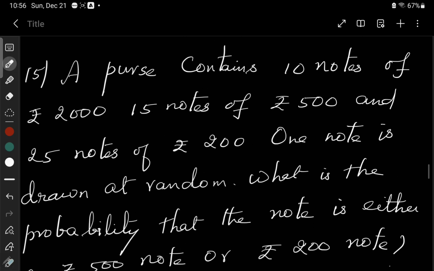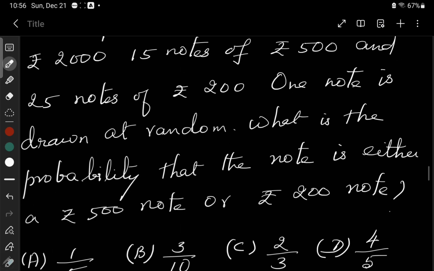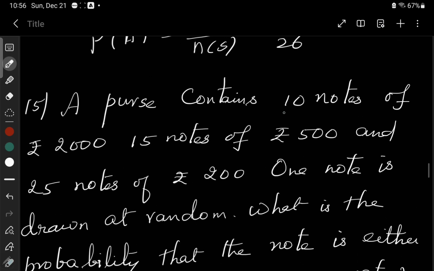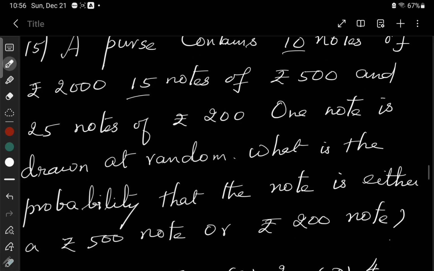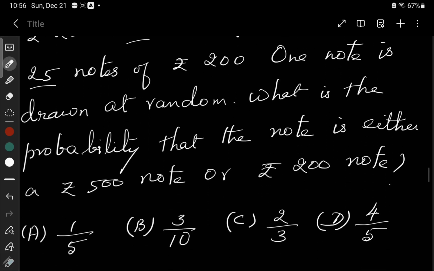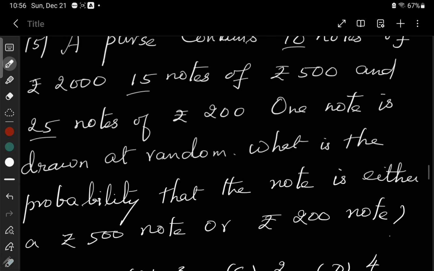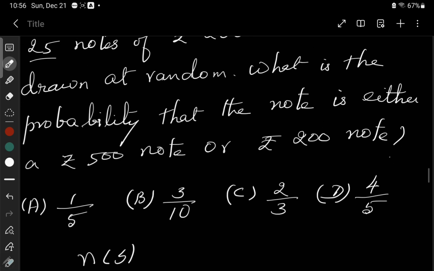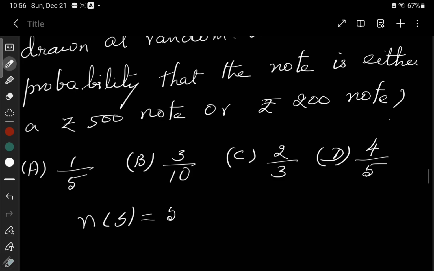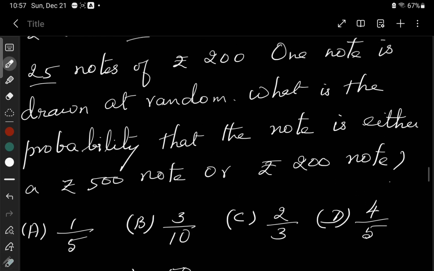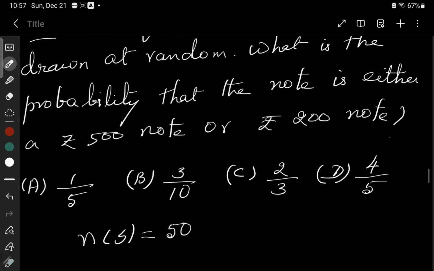So N of S is equal to 10 plus 15, 25, plus 25, 50. We have 50 notes.